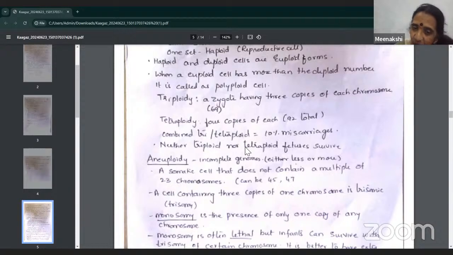Neither triploid nor tetraploid fetuses can survive. Why can they not survive? We know that 46 is the limiting number. If the fetus survives with 68 chromosomes, that means the fetus cell will have 68 chromosomes. And when the reproductive cells are being formed, the 68 has to become half.